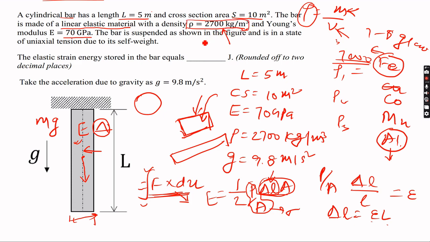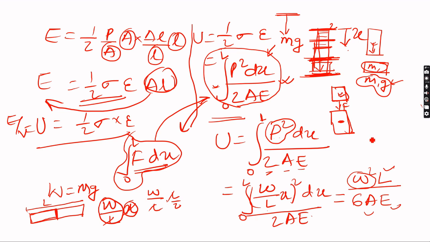They are asking what is W, and for finding W we need M into G, and G we know. So for finding M we know rho. Rho into volume is nothing but your M. So here there is a use of rho.